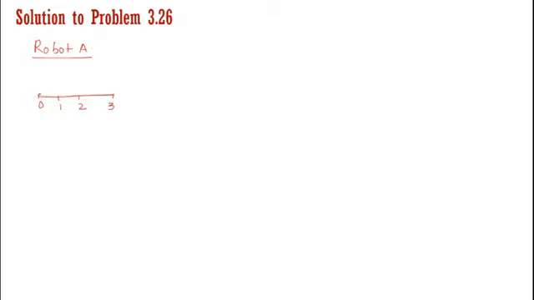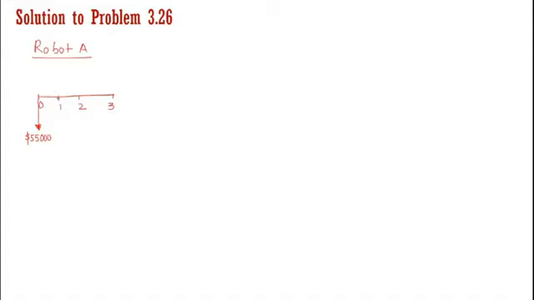Now the first cost is basically the initial investment that is being made. So the first cost for A is given as $55,000. This is a cash outflow because this is the initial investment which is to be made to acquire this robot, or maybe for its purchase.